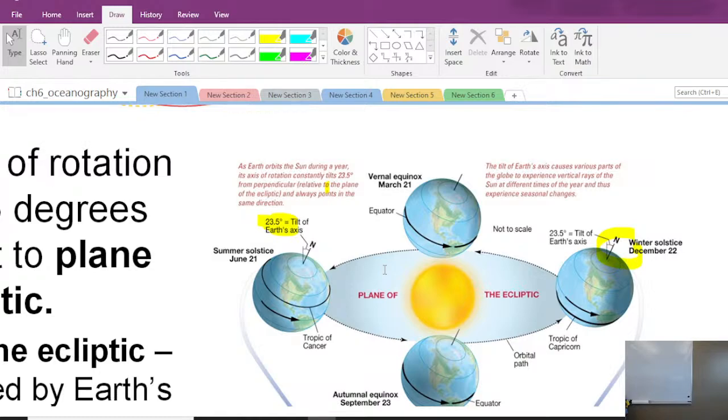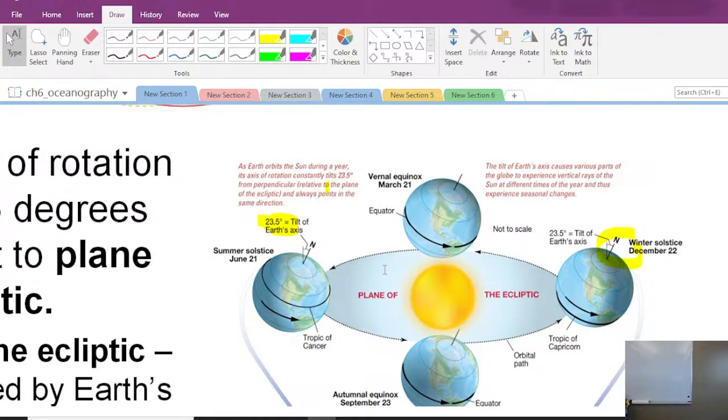So even though it's rotating for the day, this one, because of our tilt, is still getting sunlight. And then, of course, the opposite effect. So if we're now over here, where it's pointing at the Tropic of Capricorn, now this is always pointing away from the sun. So even though the Earth is rotating for our day, the Earth's not going in different directions. It's just always spinning in one.